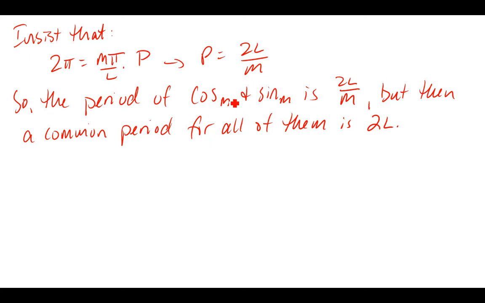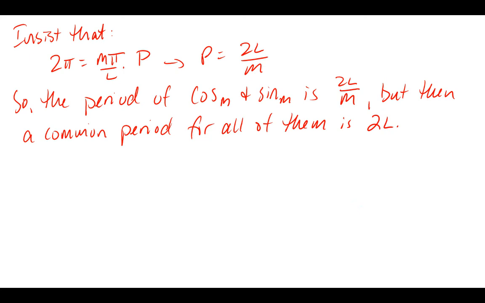The cosine m repeats every 2L over m, but as m gets bigger, the period gets shorter and shorter. If I do m periods, I'll be at 2L. So they all repeat every 2L. It's sort of like a common factor, or a common period: they all repeat every 2L units.